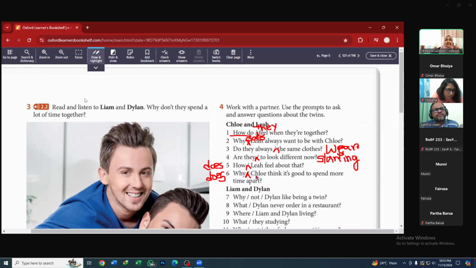That's about Liam and Dylan. This is about Chloe and Leah, the girls. Are they starting to look different now? Many people say that. Yes, good. Yes, they are starting to look different now. Yes, good.